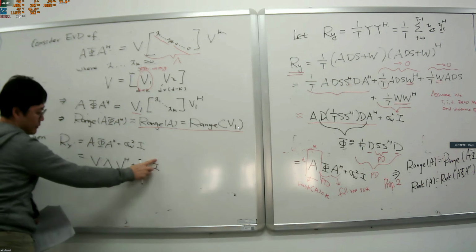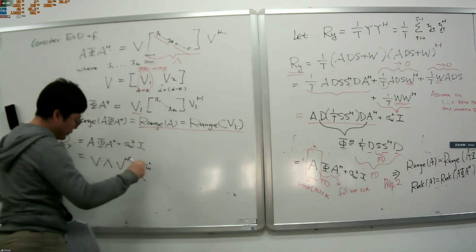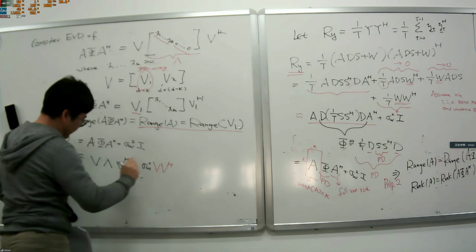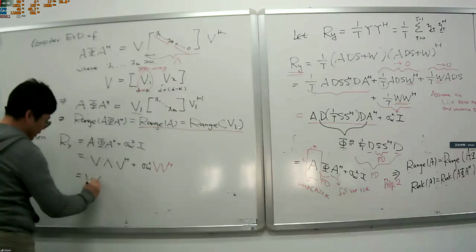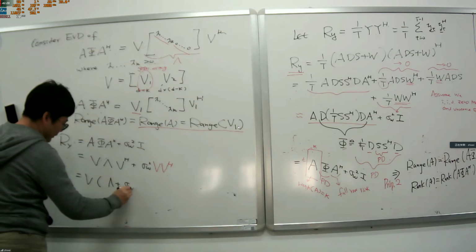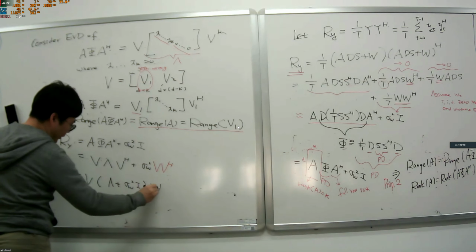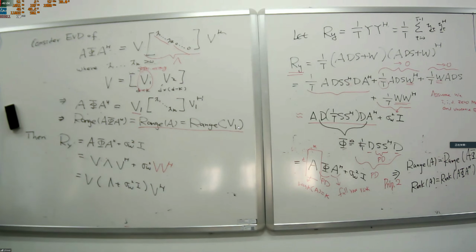And the identity matrix we can replace by VV Hermitian because it's unitary. So this is V (lambda plus sigma W identity) V Hermitian.